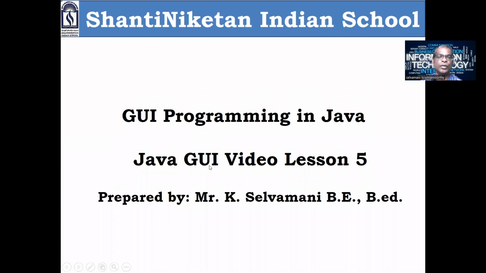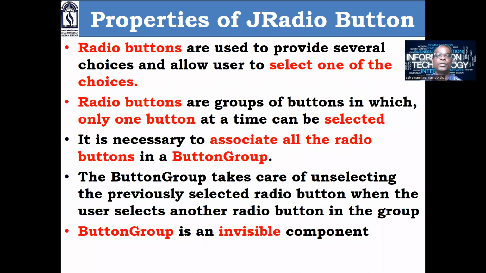This is Java GUI video lesson number 5. First, properties of JRadioButton. Properties, actions and methods we already studied. So, radio buttons are used to provide several choices and allow the user to select one of the choices. For example, male, female.